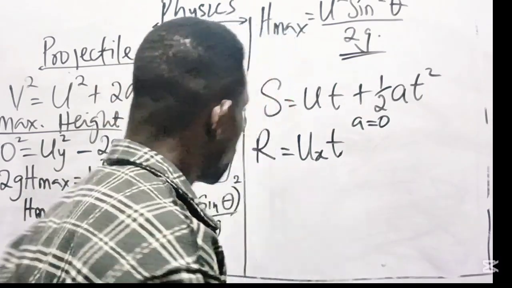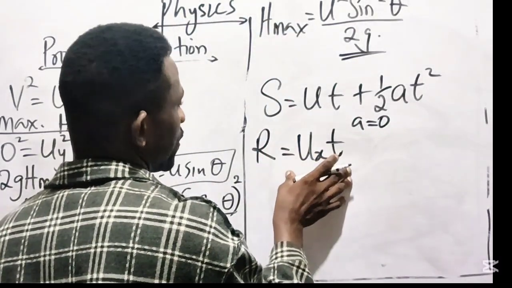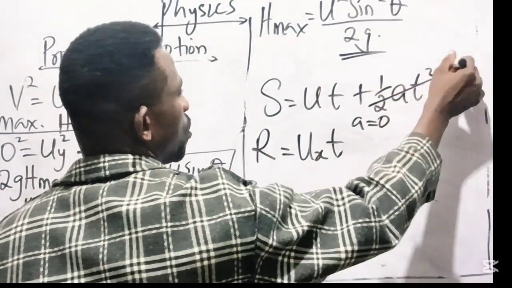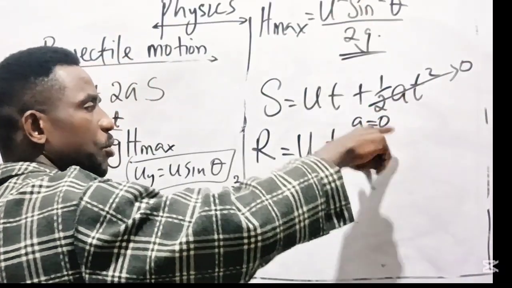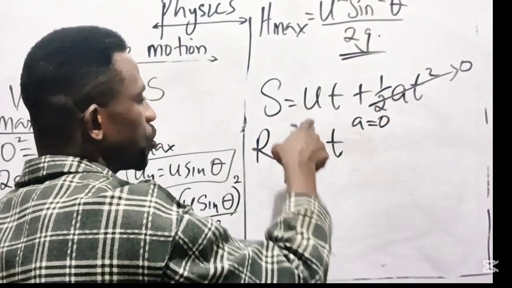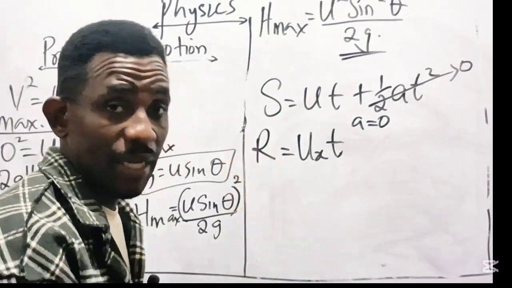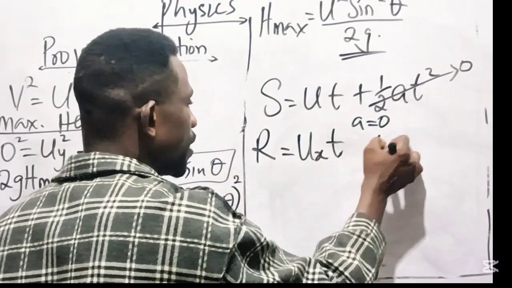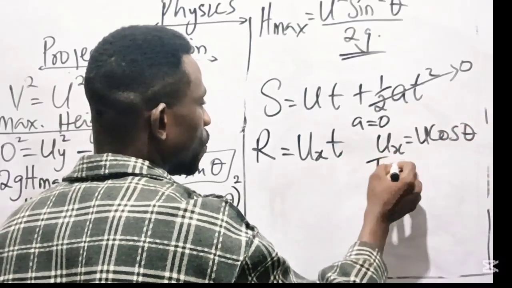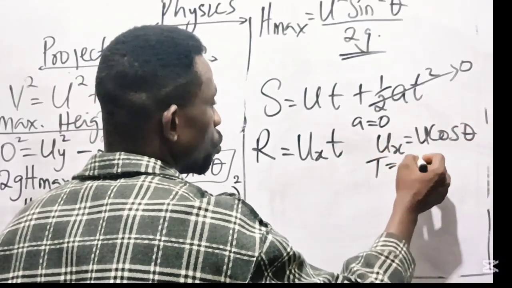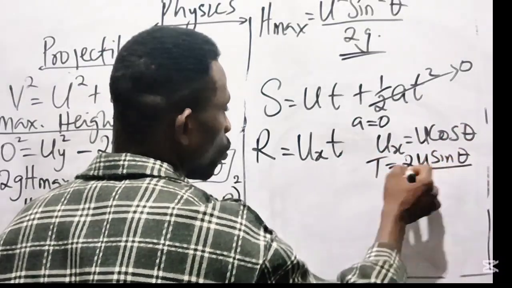Very simple. First of all, this is gone because a is equal to 0. No vertical motion. Here we are talking about horizontal motion, so we have ut. X becomes range. From this point, we already know that ux is equal to u cos theta, and t, which is the total time of flight, is equal to 2u sine theta all over g.